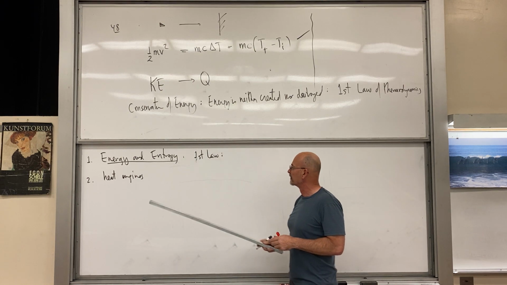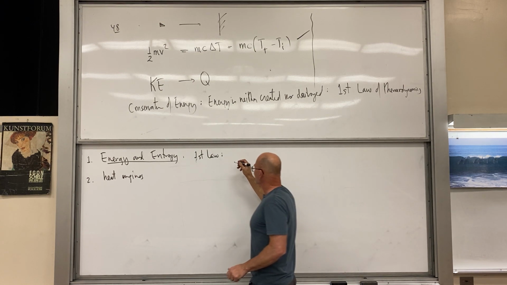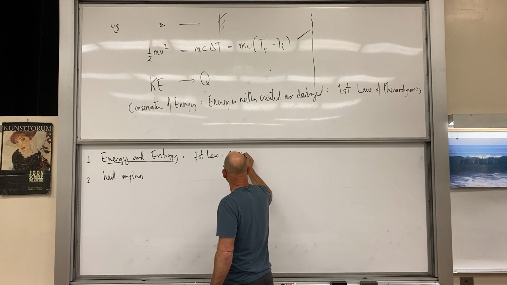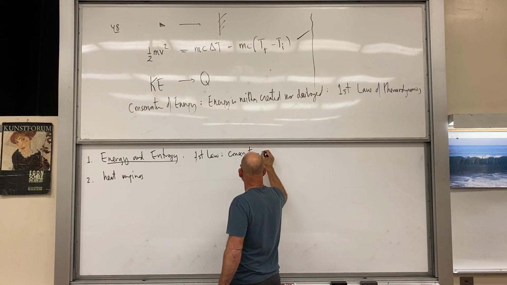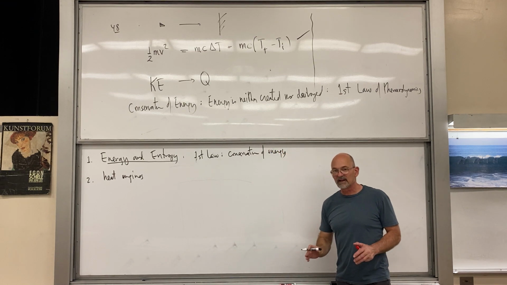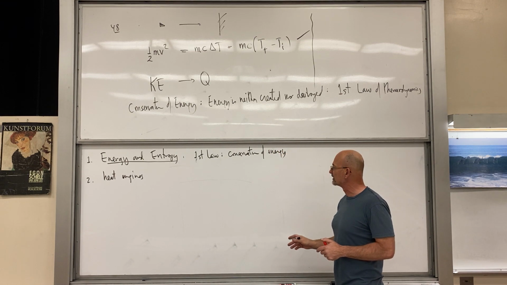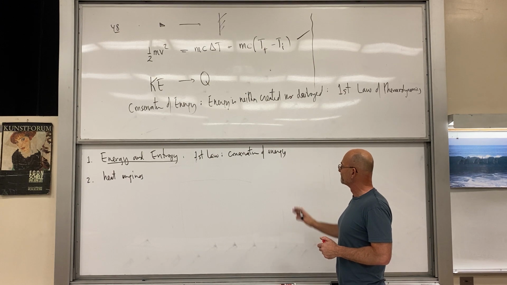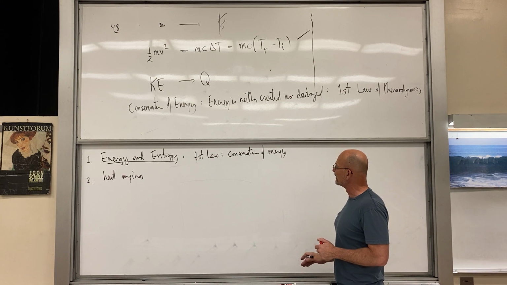That's the idea. So first law is conservation of energy. And this is good to realize before you go into all kinds of chemistry and other details. Just to hold on to that.